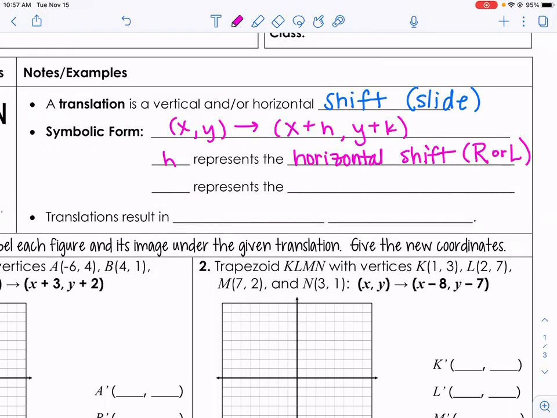And whatever is added or subtracted to the Y is going to represent our vertical shift, AKA are we going up or are we going down?